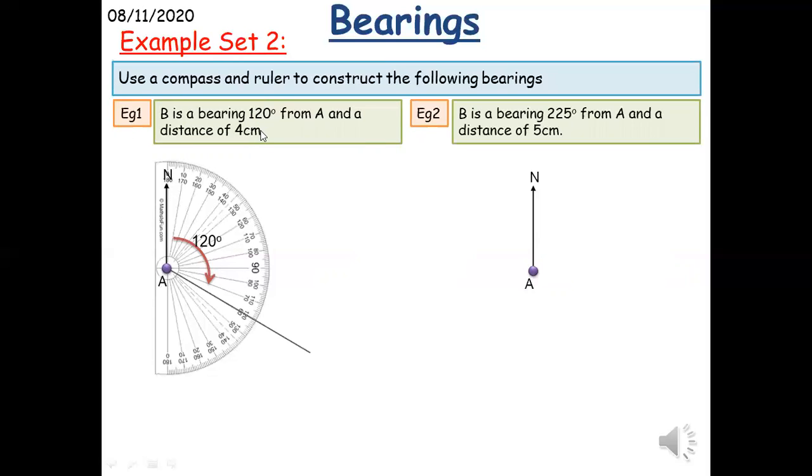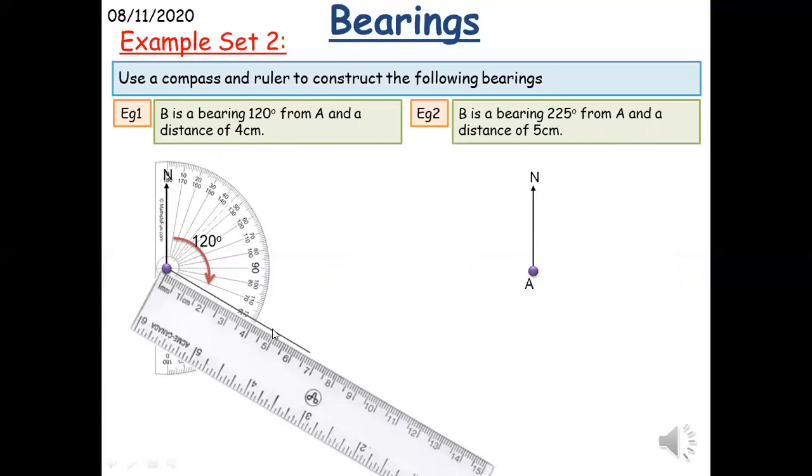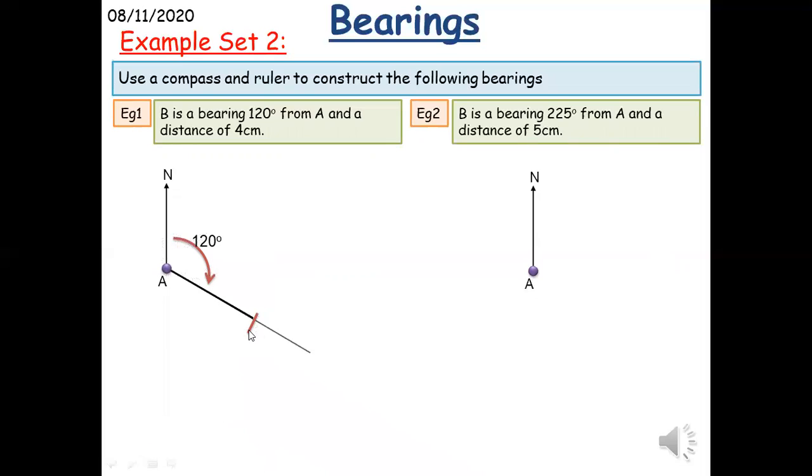So after this step, I have to draw the line or make a sign that the line is here, and put my ruler and measure the length. The length is 4 centimeters. So I'm going to stop at 4, and this is going to be my point, and I have to write its name, which is B.